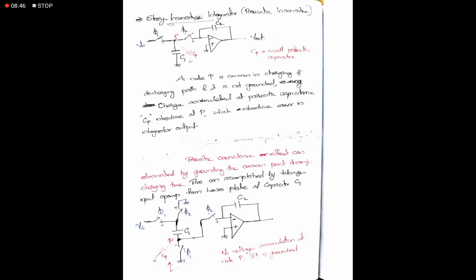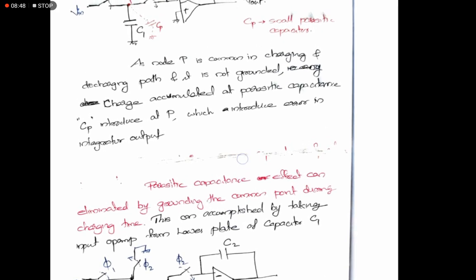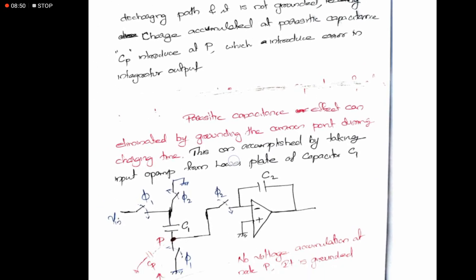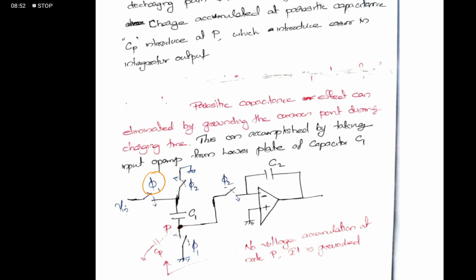So we modify this circuit like this, using two signals phi 1 and phi 2. The charging is like this, and we will discharge the capacitor like this. In this case, this will be a common point in the discharging path. Here it will be grounded.